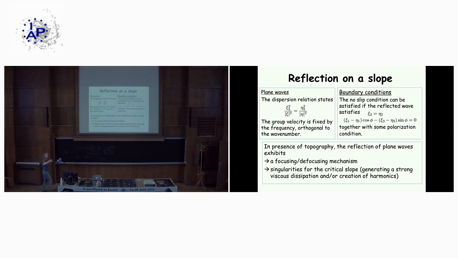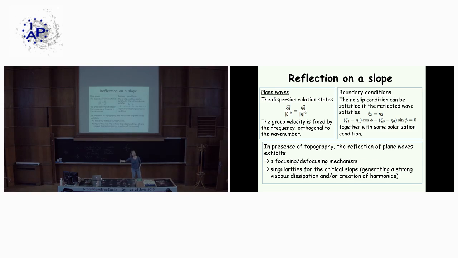And then on the boundary, for a usual wave, if you have a boundary like this, you have your wave, and then it will be reflected like this.